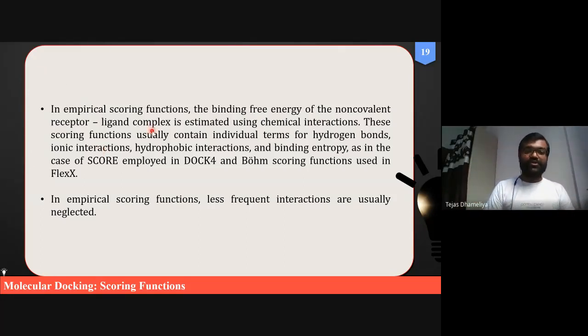Similarly, whatsoever the software is there, we will come to know in coming slides that there are several softwares which are used for molecular docking. Autodock is a free software. You can use Autodock for molecular docking. You can use Schrodinger Maestro, which has a Glide component.